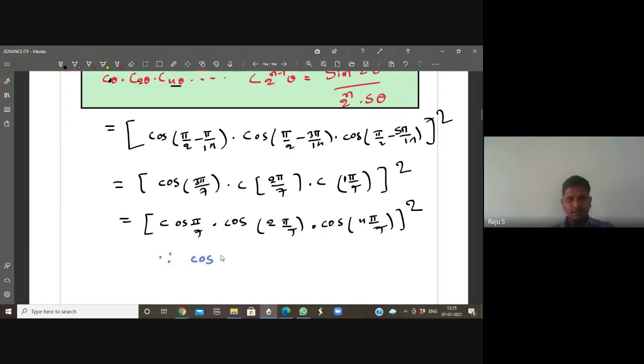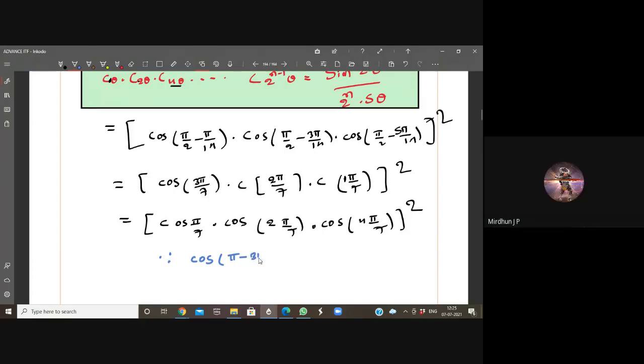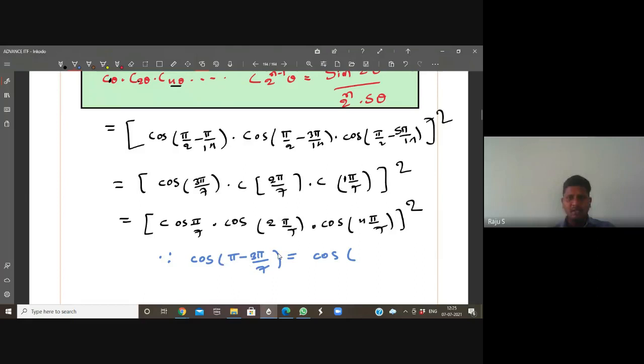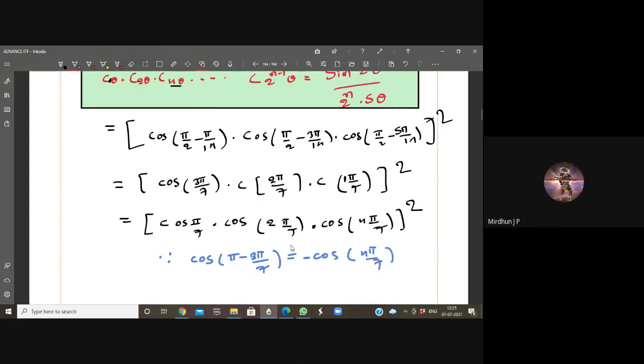Because what is cos of 180 minus theta? It is minus cos theta. So minus cos of 4 pi by 7, so minus cos theta is equal to cos theta, sir.